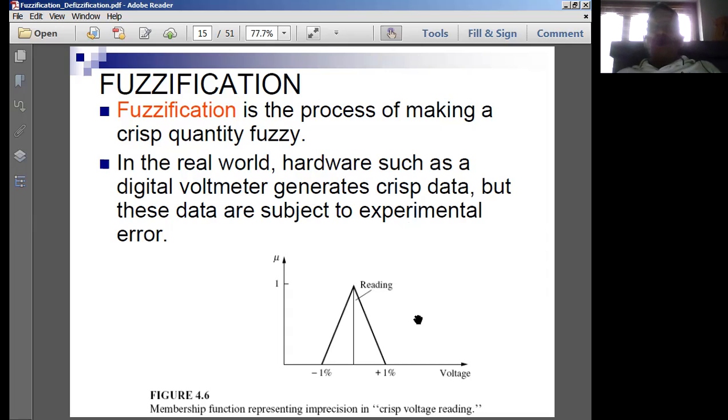Now, this data given by the digital voltmeter is subject to error. At different instances of time, the data given by the digital voltmeter is going to be different. That means based on the various circuit conditions and environmental conditions, the value is going to be a little bit different from the value it has given previously.